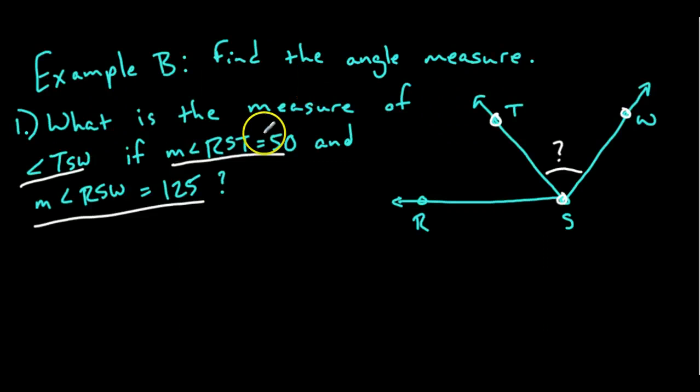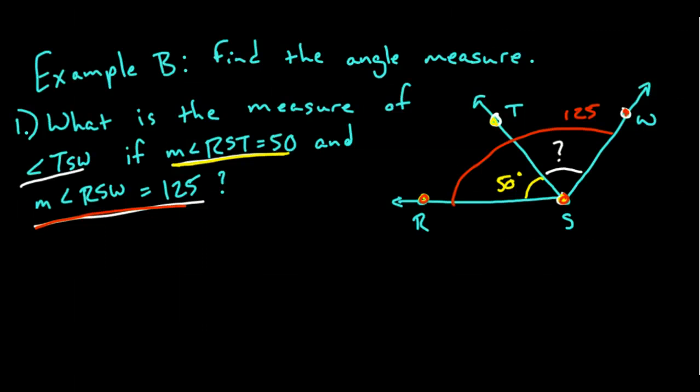But we do know that angle RST, that one is 50 degrees. And RSW, let's do that one red, RSW, that's the big one. That big angle is 125 degrees.